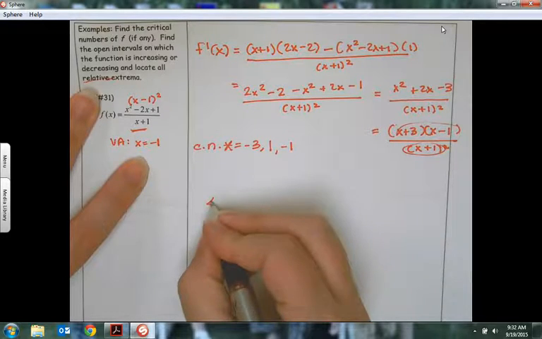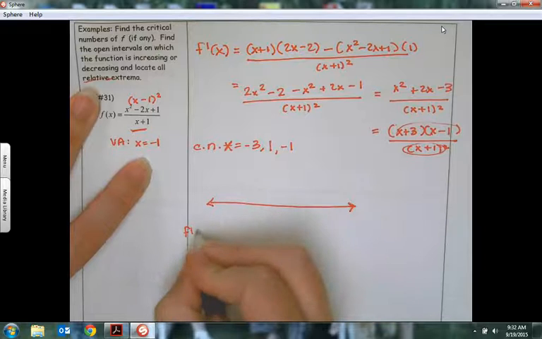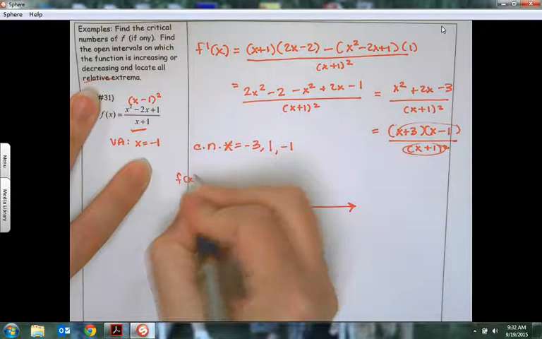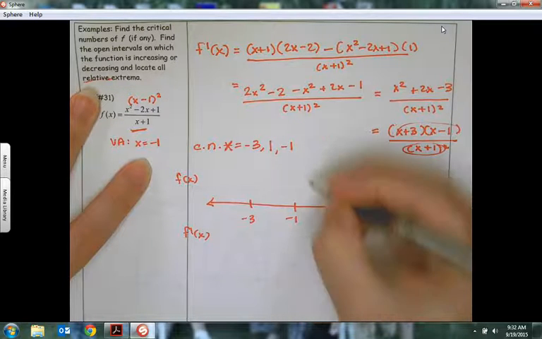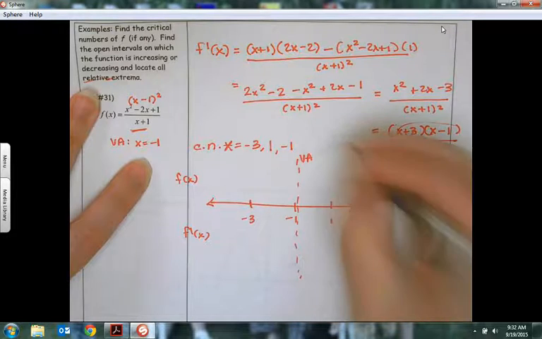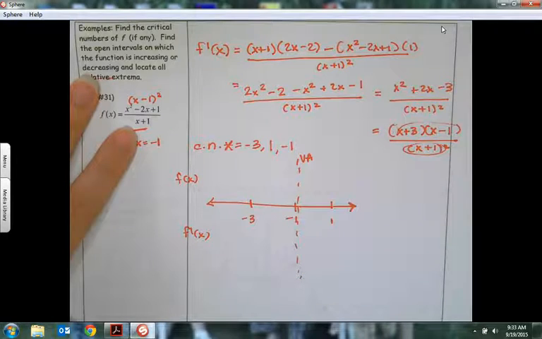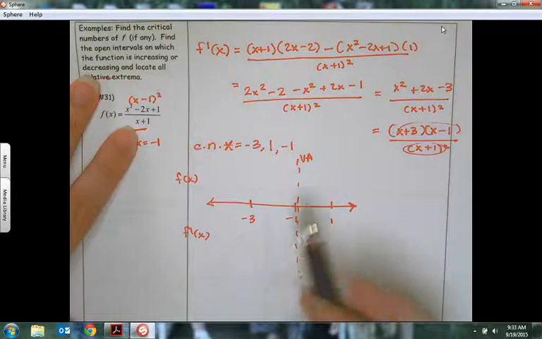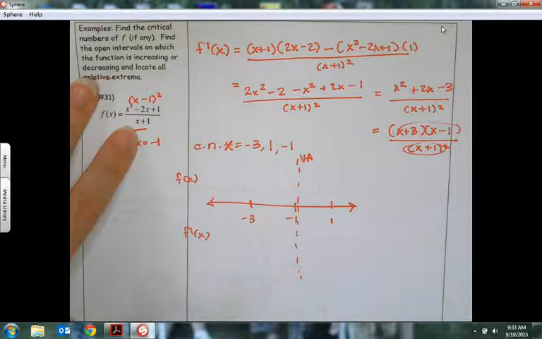So when I go make my graph for my f prime of x and my f of x going on, this guy is a complete vertical asymptote. So it can't be a relative max or min, because it's not defined in my original function. But it can still determine where a graph could change from increasing to decreasing. So it's still a critical number.